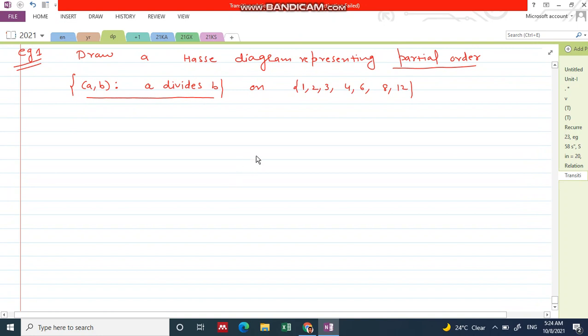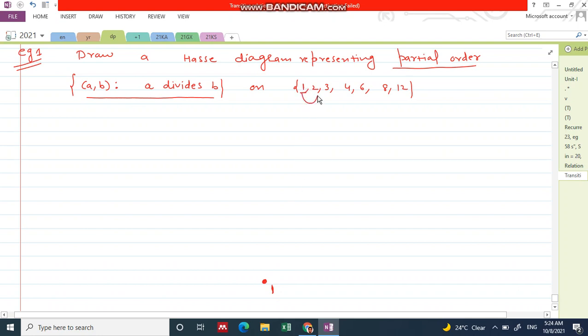We begin drawing this Hasse diagram from the very first element, which is always written at the bottom. The very first element is 1. Now check whether 1 divides 2.